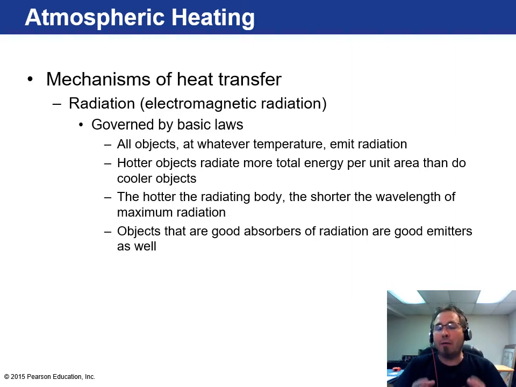So infrared can really heat up. A lot of that gets into things like lasers, where they emit a very, very specific frequency, and you can cut steel with those things. Objects that are good absorbers of radiation are good emitters as well. Pots and pans are a perfect example of that, like the image that we saw on the previous slide.